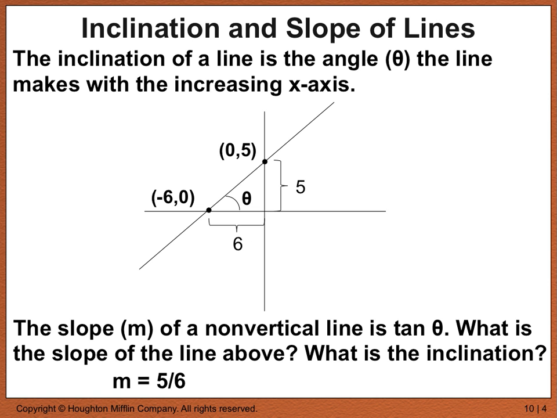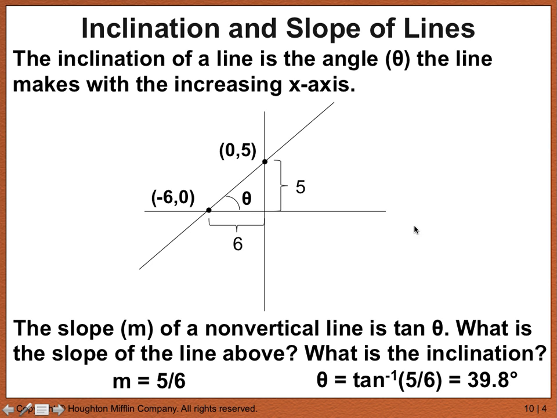The rise over run, or m, is the opposite over adjacent of this angle theta. And therefore, if I know the slope, which in this case is 5/6, then I can easily find theta, because theta equals the arctangent or inverse tangent of 5/6, and that is 39.8 degrees.